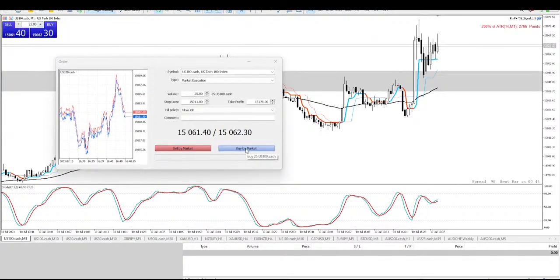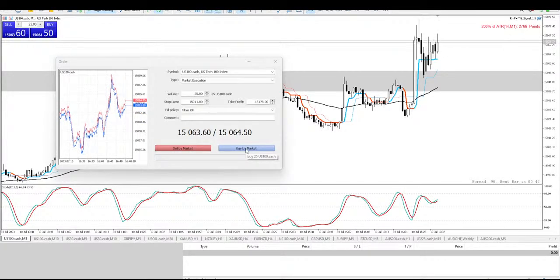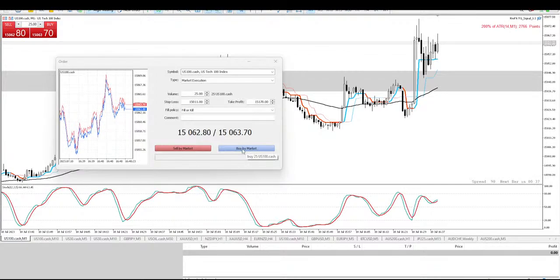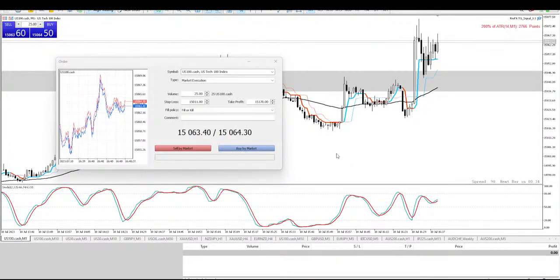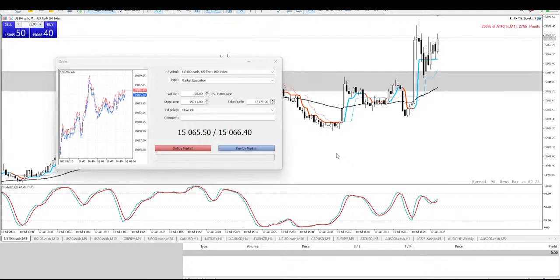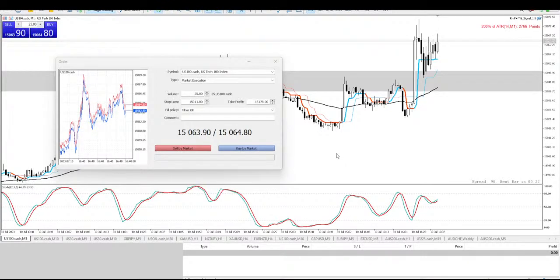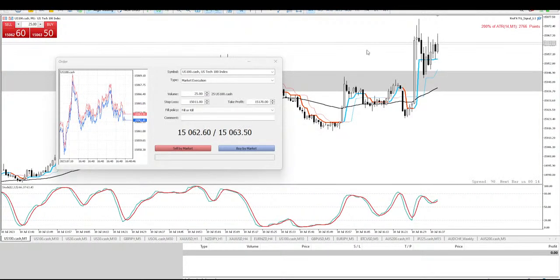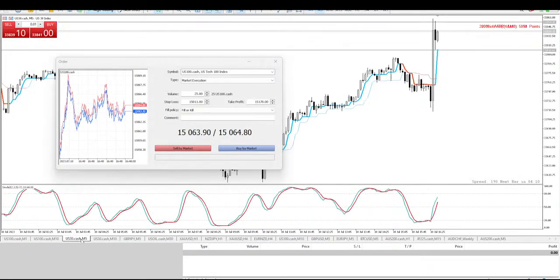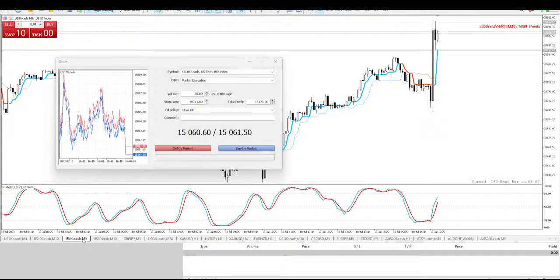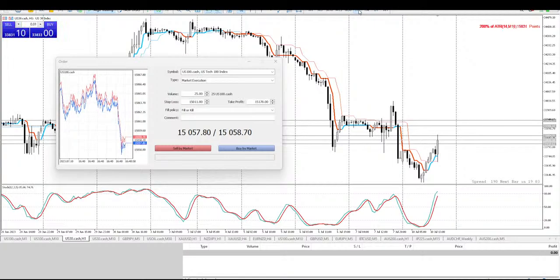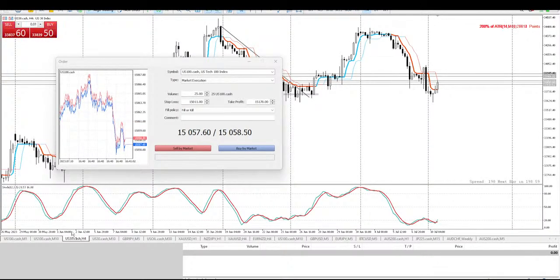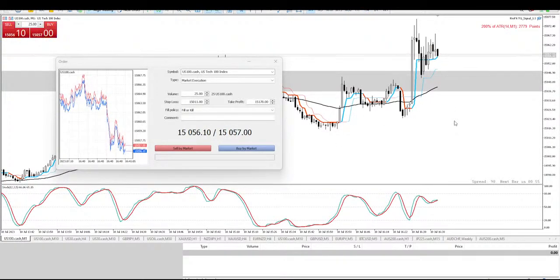I'm basically waiting for a nice momentum candle here going up. Still nothing yet.